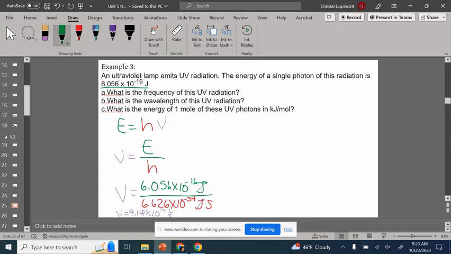So my wavelength is going to equal my speed of light over the frequency. And we're grabbing the frequency from here and bringing it up. Make sense?